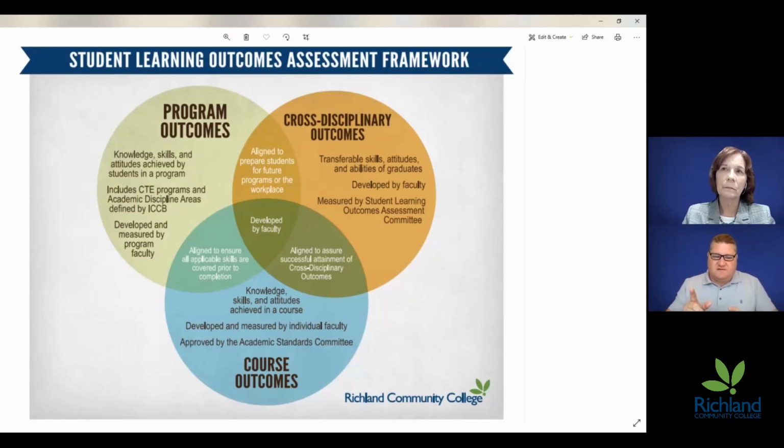To tie this over into our discussion of Canvas in this course, this is where your technology can help. Because when we have students submit writing samples, videos of their presentations, a reading, various pieces, Canvas can collect those and help us keep track and focus on, this is where they've been assessed on this.